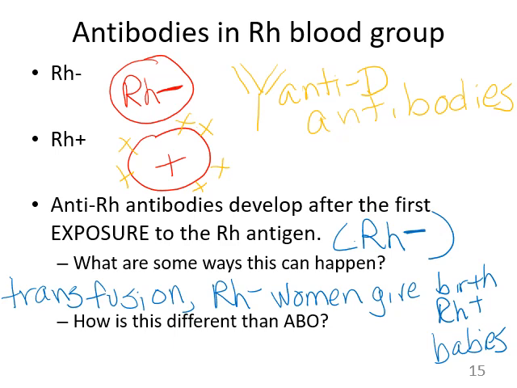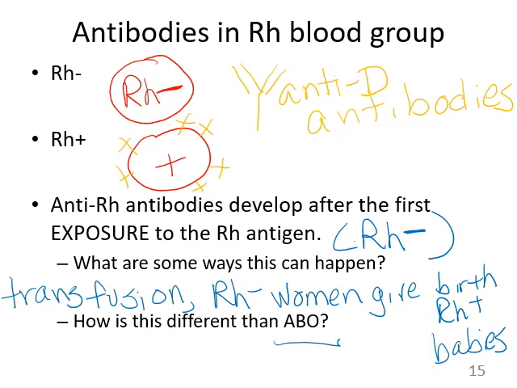This is different from ABO in that you are born with anti-A or anti-B antibodies. That ABO system is different. Normally antibodies work like the Rh for any other thing. When you are exposed to the thing, then you develop antibodies for it.